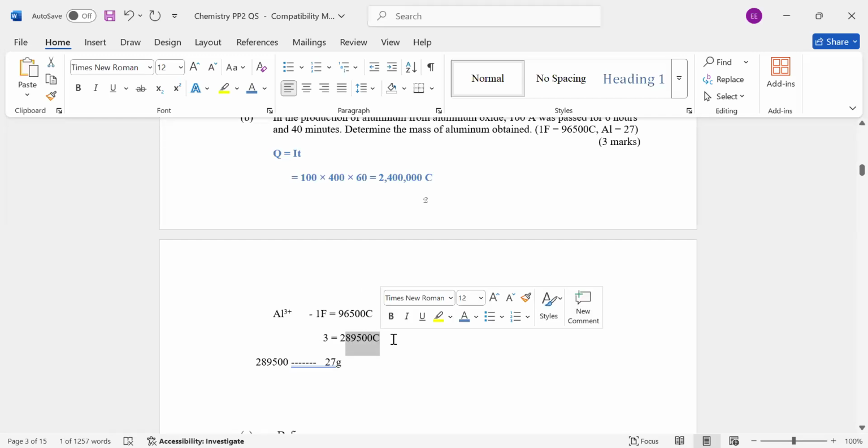So this 289,500 coulombs can be used to deposit 27, which is the relative atomic mass of aluminium. So if this 289,500 can deposit 27 grams, what about this one that was used, the 2.4 million?